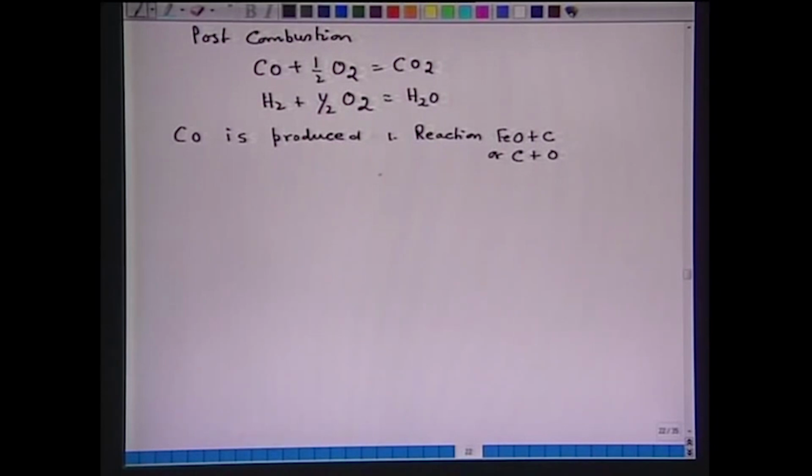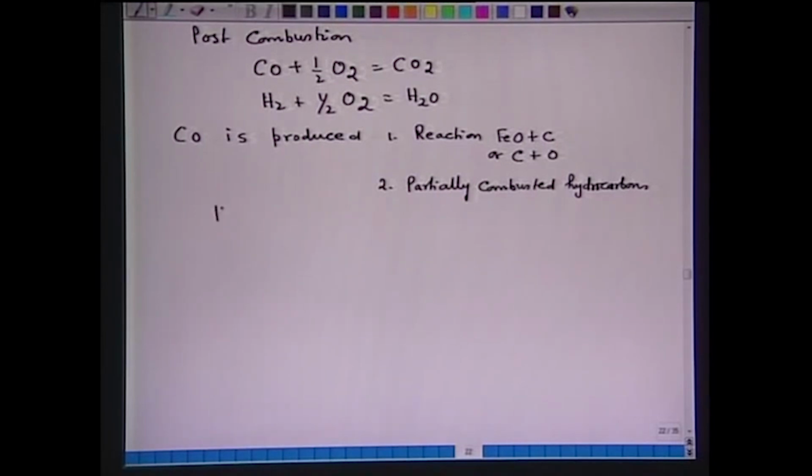Then partially combusted hydrocarbons entering with the scrap. These are the say 2 or 3 sources for carbon monoxide generation.